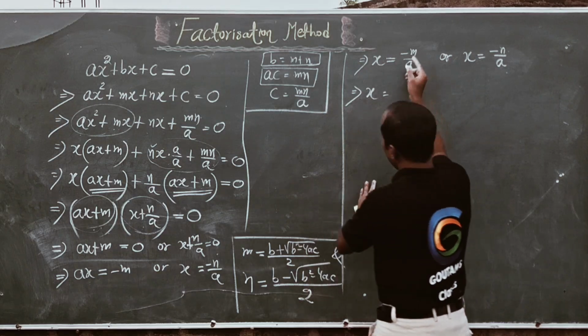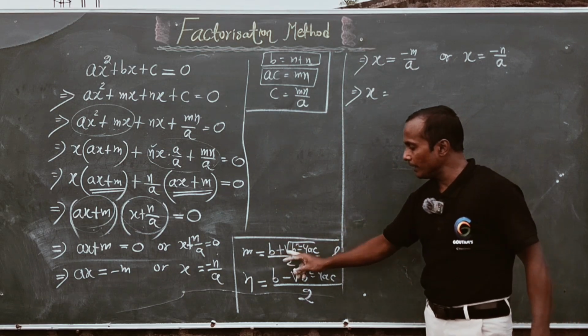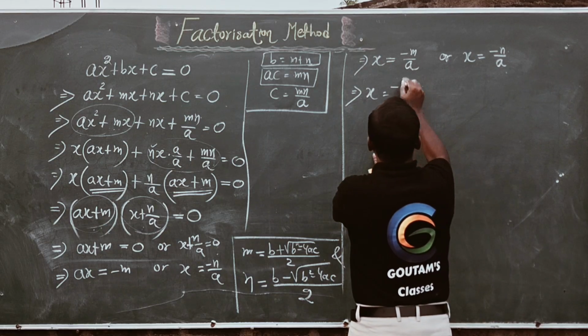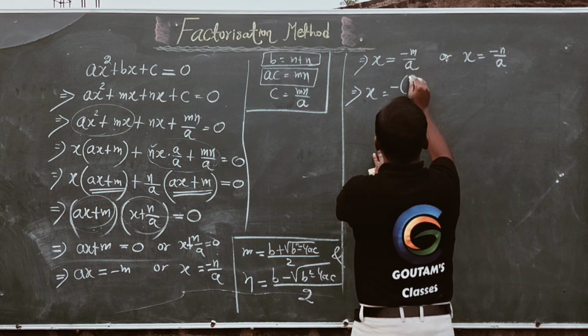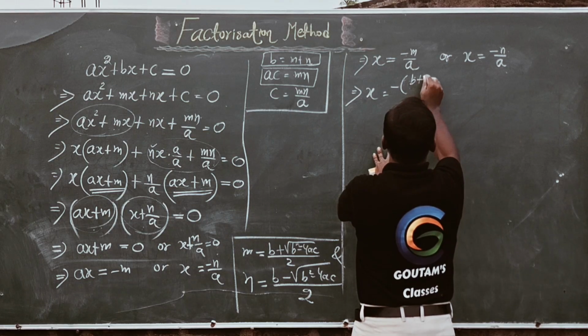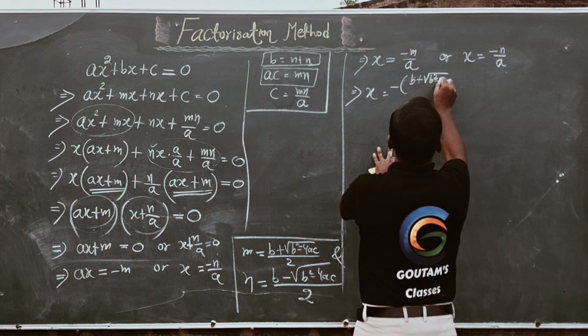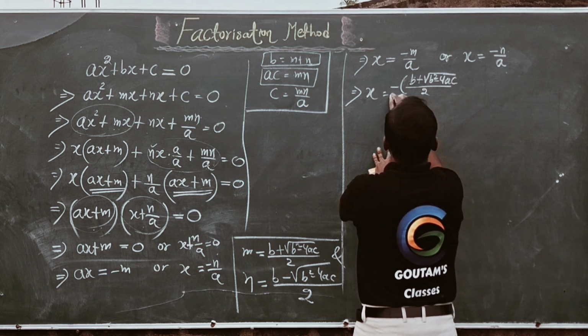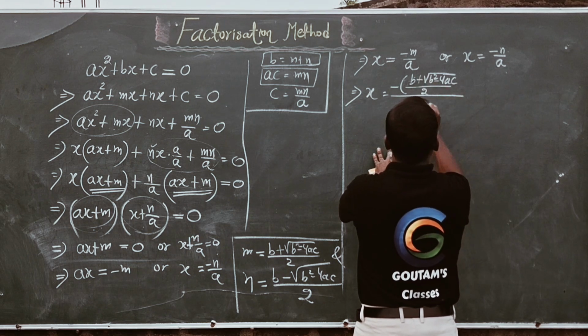Now putting the value of m in this step, you have m is equal to b plus root b square minus 4ac by 2. Let us apply that. So I will have minus, which is already there. In place of m, I can write b plus root b square minus 4ac by 2, and again I have by a.